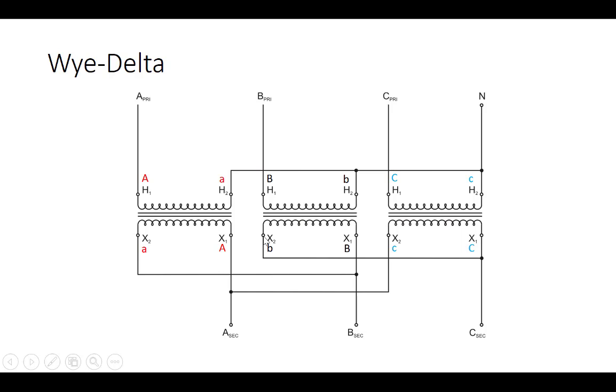The end of the B phase winding gets connected to the start of the C phase winding, so it gets connected to the X1 of the C X winding, and the end of the C X winding gets connected back to the start of the A phase winding. So we go end to beginning, end to beginning, end to beginning. That gives us a delta on the secondary.